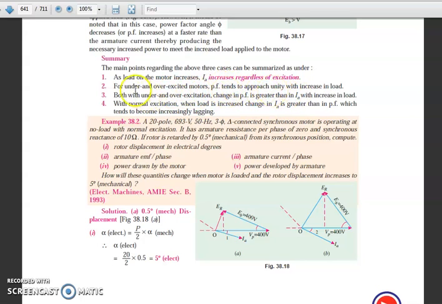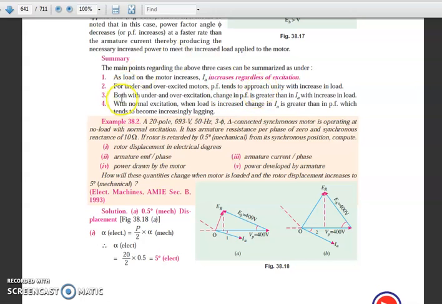Already we have seen, if we run the motor in under excited condition, the motor draws a lagging power factor current, and over excited draws leading. But if we increase the load under these two conditions, under excited and over excited, then the motor tends to approach a unity power factor current.